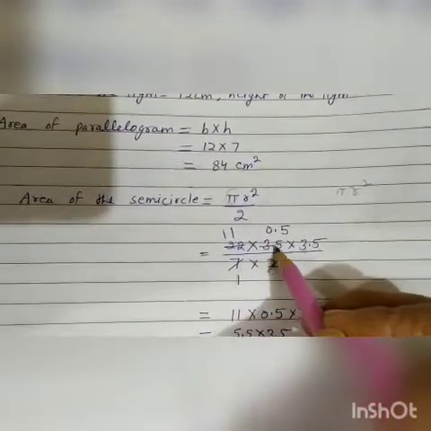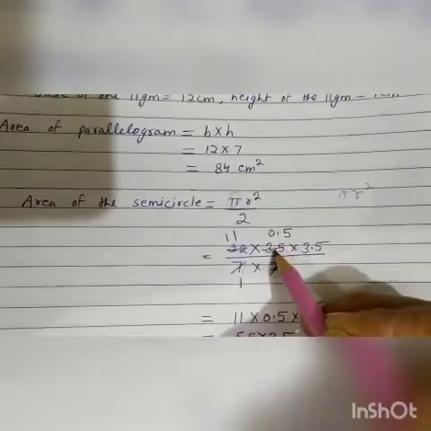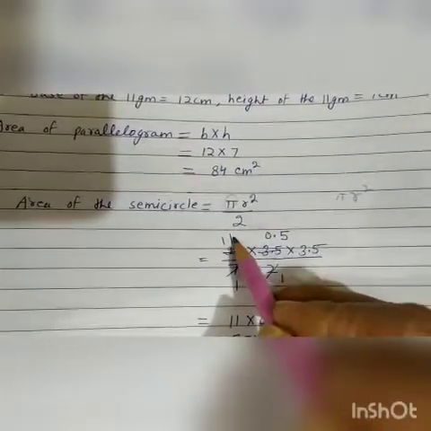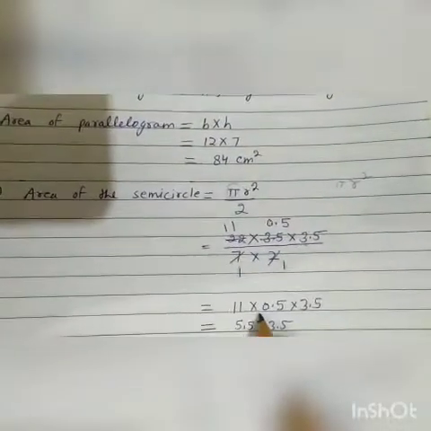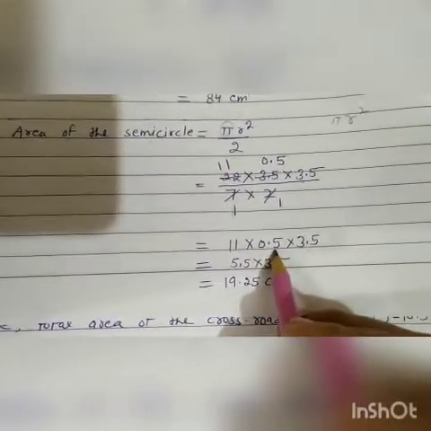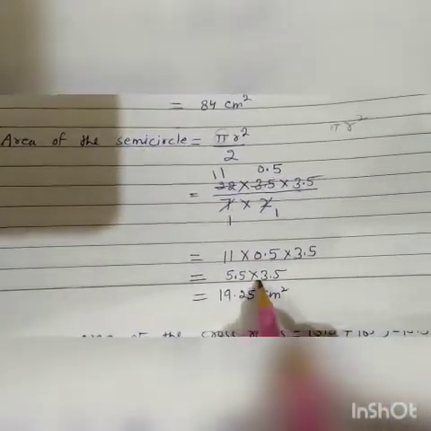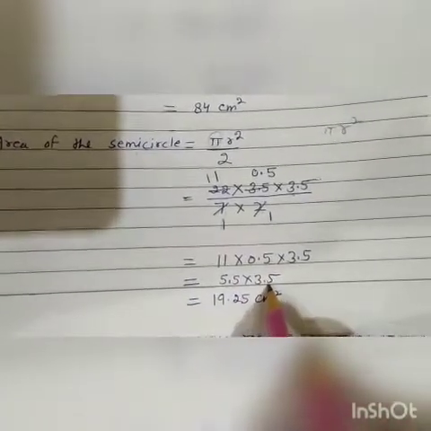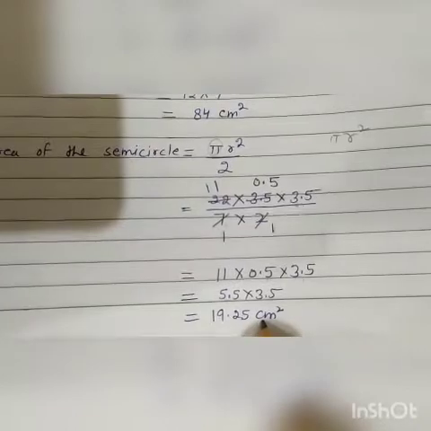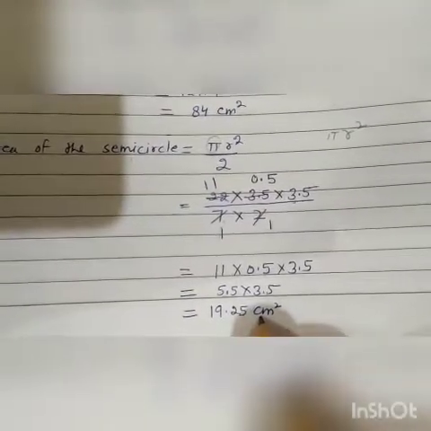We will simplify this 3.5. 2 into 1 is 2. So it is 11 into 0.5 into 3.5. 11 into 5 is 55, means 5.5 into this 3.5. When we multiply these two, we get 19.25 centimeter square.